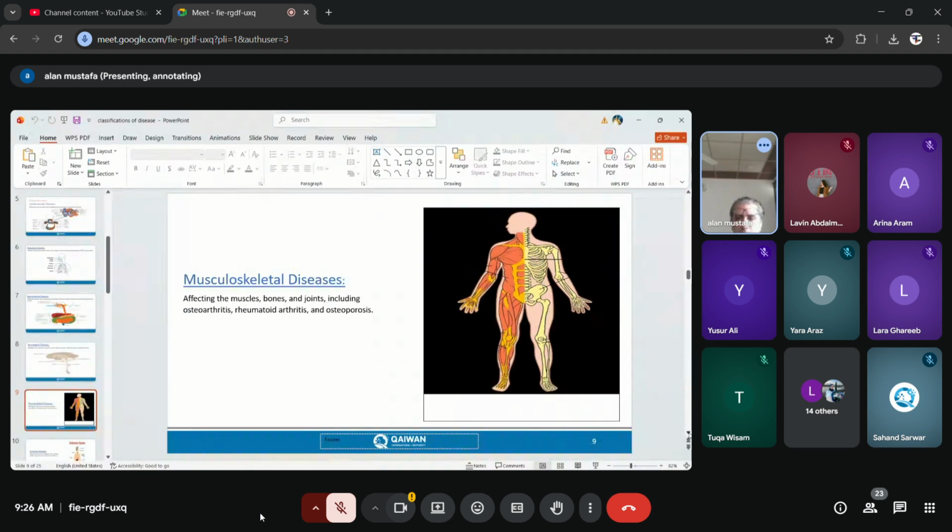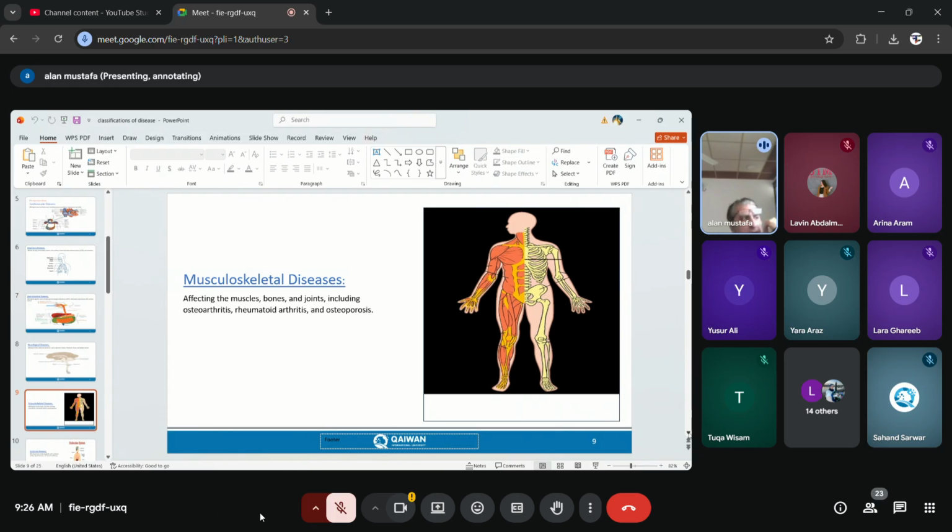Well done. And it happens because of what? What is the reason why osteoporosis happens? Lack of calcium. Yes, what Mona said, lack of calcium. This is very common.